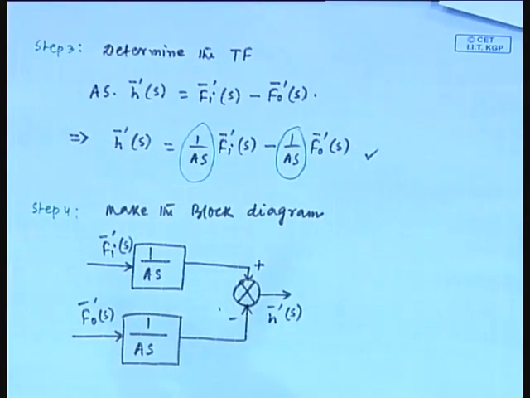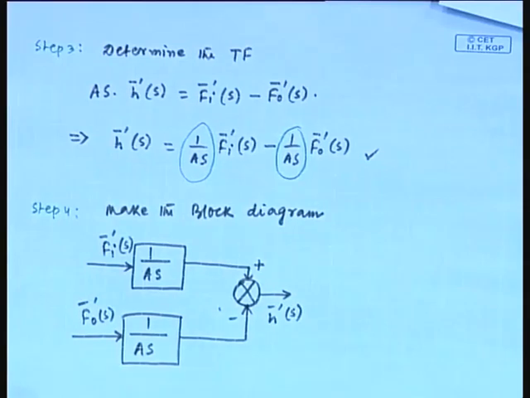Why negative sign is there? Because f naught is the output and f I is the input. So, we can say that f naught is the negative input. Fine.